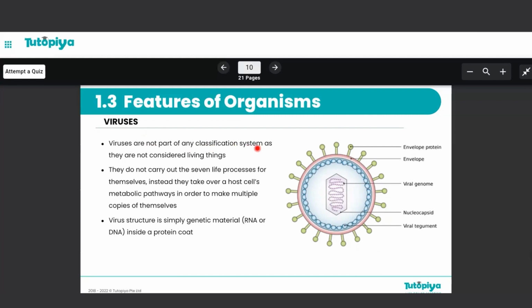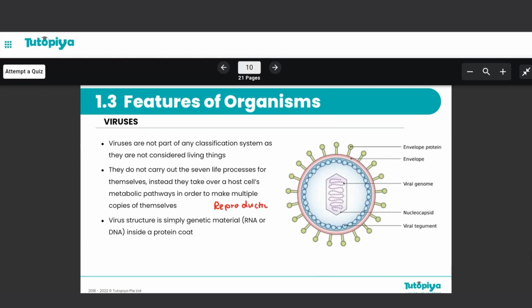So you might wonder why viruses aren't a part of the classification system. Here's the thing. To consider an organism as living, there are 7 basic life processes that it must show. When talking about viruses, viruses show only one of these life processes, which is reproduction.